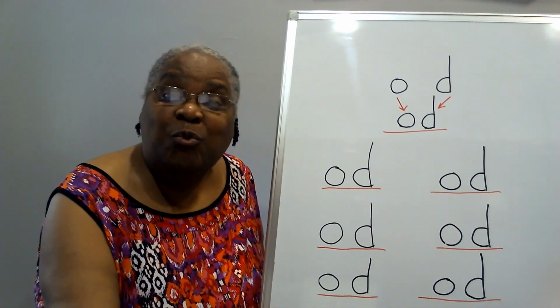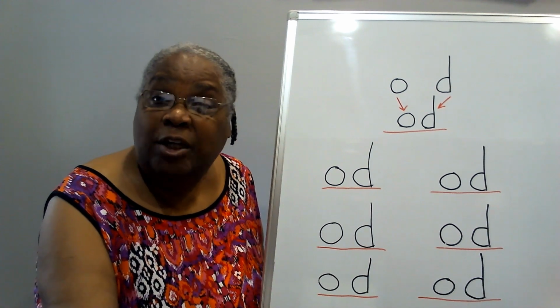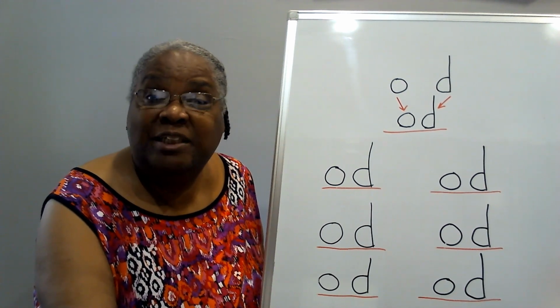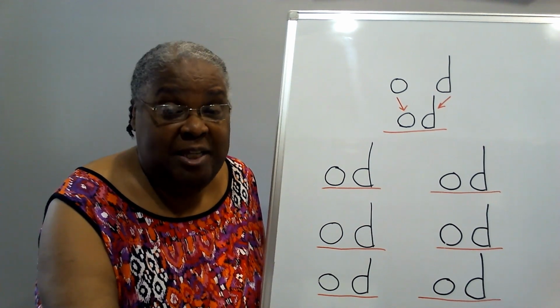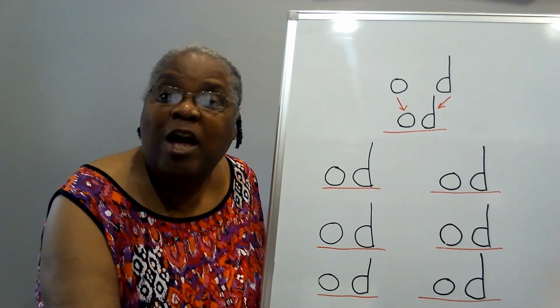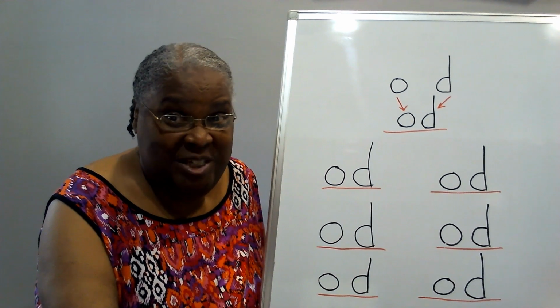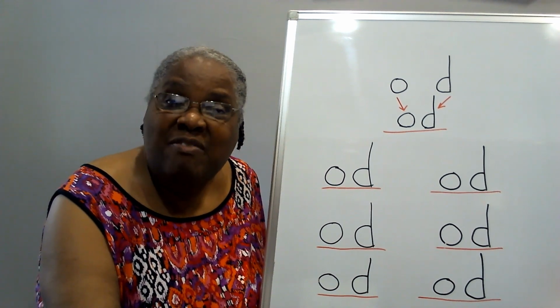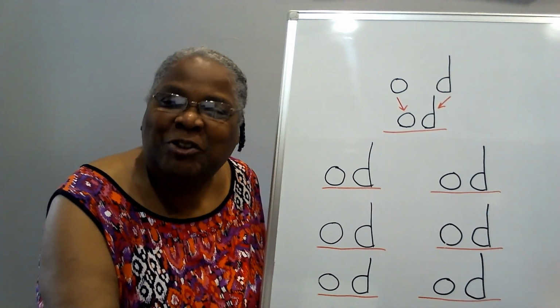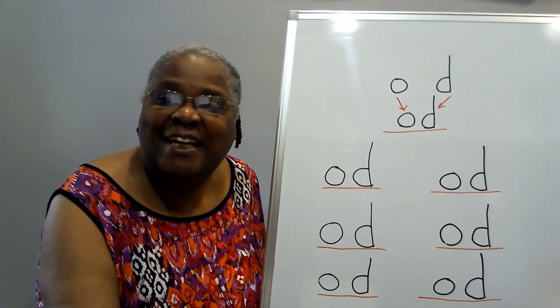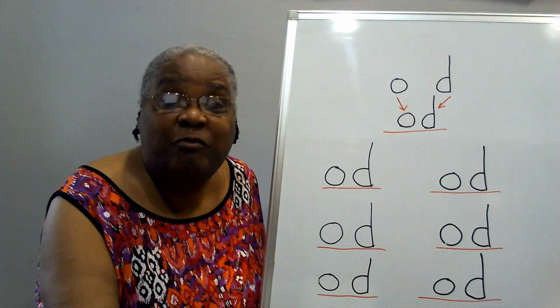In this lesson, we are going to form three-letter words where the letters that are put together to form words will either make two separate sounds or they will make a whole new sound. If a blend that we form makes a whole new sound, I will let you know. Let us begin forming the first word.